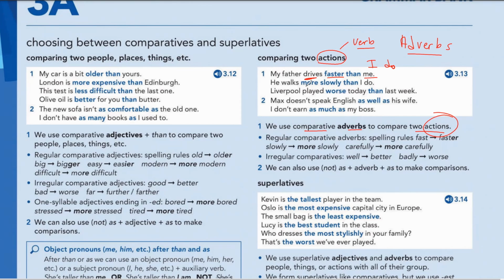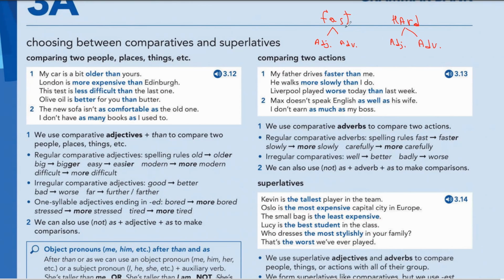He walks more slowly than I do. Now, we have two words, fast and hard. Guys, hard and fast both of them can be at the same time an adjective or an adverb. So the adjective and adverb forms of these two words are the same.